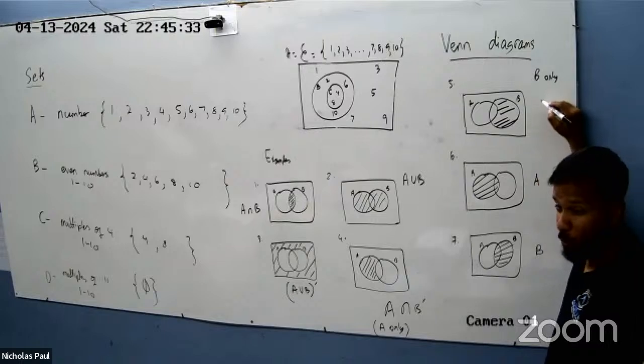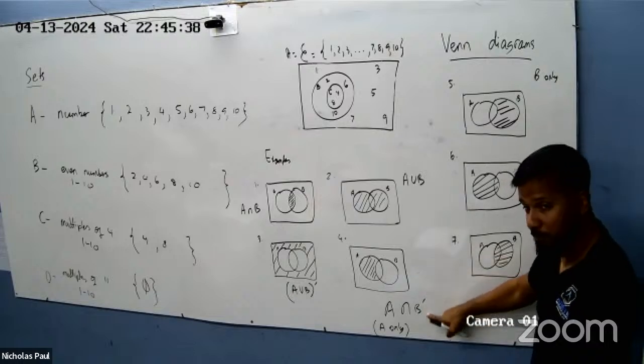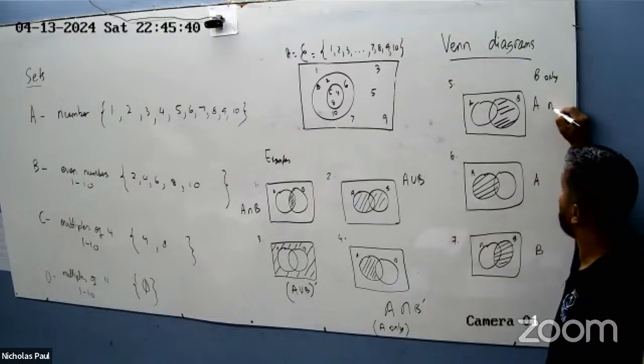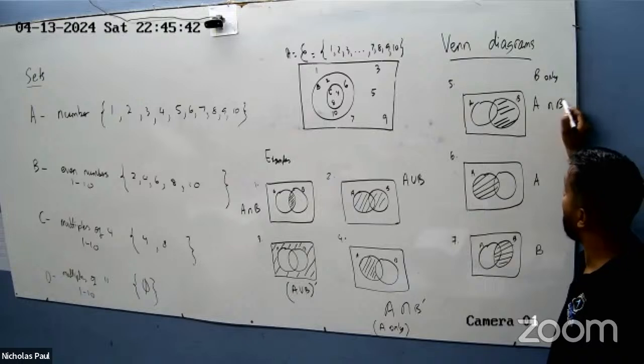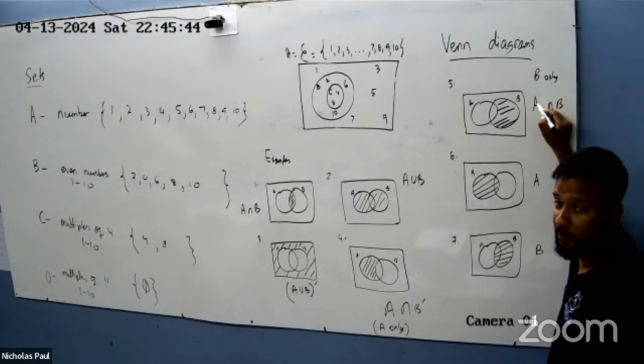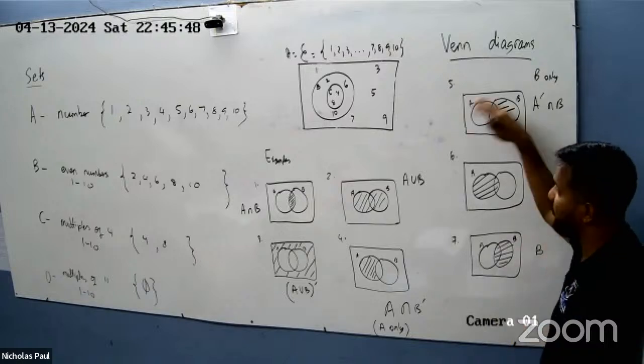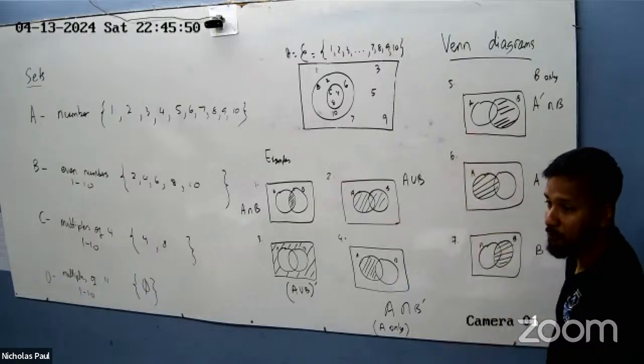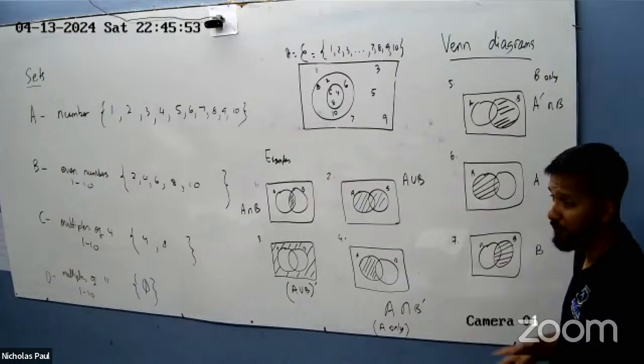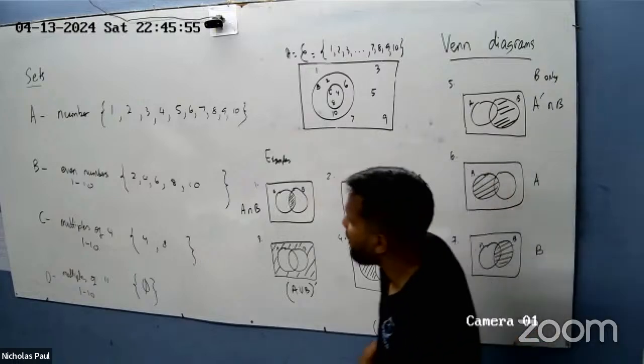Look at this one and tell me what to write. Where do I put the complement, on B or on A? On A. Okay, so these are set notations that we need to know. Are you okay with those?